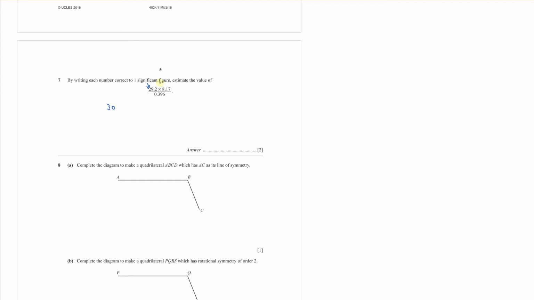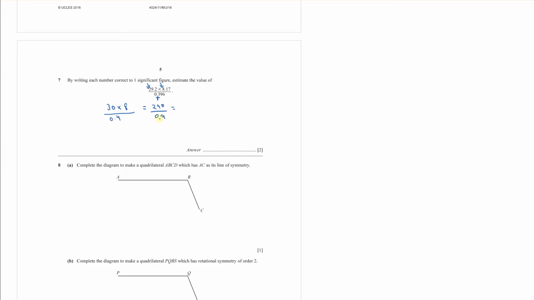And then here 8 would be the first significant figure. So 8.17, we round down to 8. And then here, this would be the first significant figure, which is number 3, the first decimal place. So if you write 0.396 correct to the first decimal place, that would become 0.4. So 30 times 8 is 240 divided by 0.4.